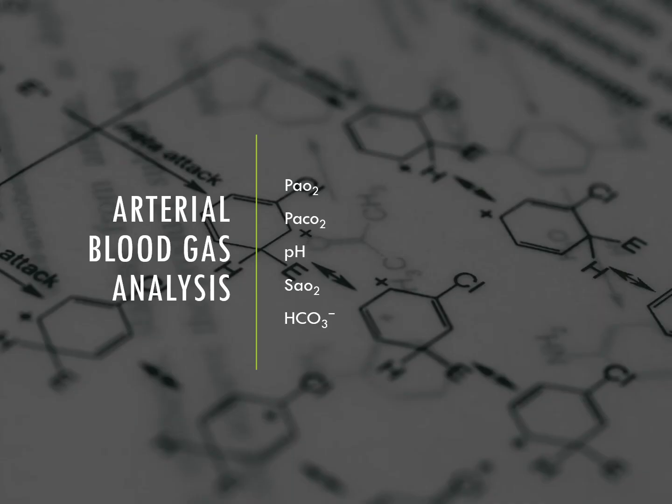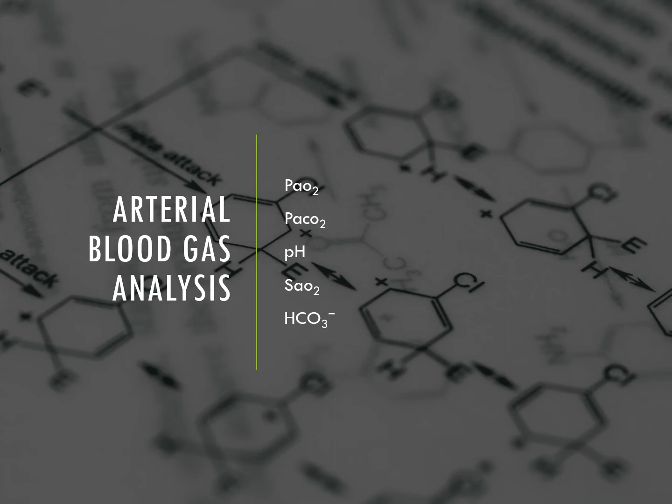Blood gas studies are a valuable indicator of a patient's progress towards recovery or lack thereof. The results of analyses of arterial blood gases are reported as follows. PaO2. This is the partial pressure exerted by oxygen in the arterial blood. The normal value is 80 to 100, and it indicates the amount of oxygen carried in the blood.